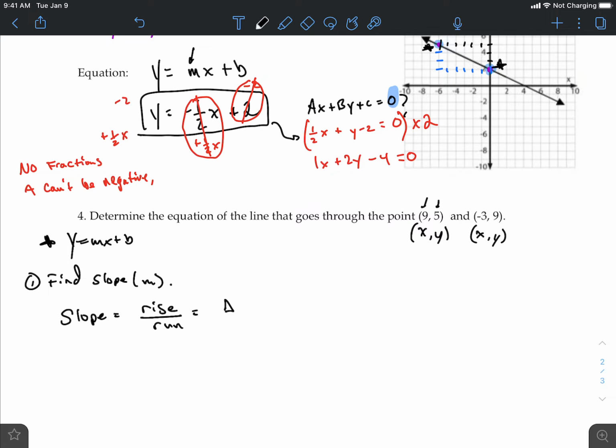So you have like a delta T; delta T would be like the change in temperature or something, right? So this is the change in what goes up and down on a graph. Is it X or Y? Y. So it's the change in Y, that's rise, up and down, over a change in run, X. That's delta.